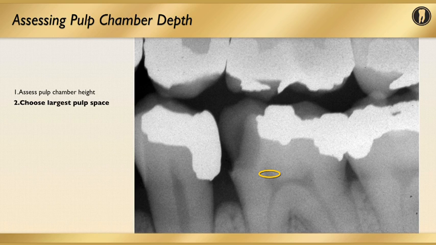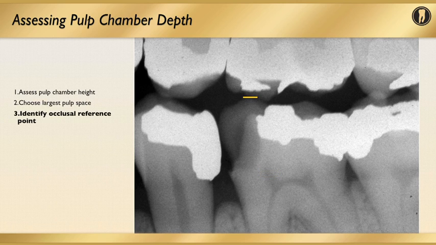By knowing this point, we avoid penetration and violation of the furcation tooth structure, which will greatly weaken the tooth and make it more prone to fracture and eventual failure if violated. So by identifying the highest point of the pulpal chamber roof, we know where we are first to encounter the actual contents of the pulp chamber.